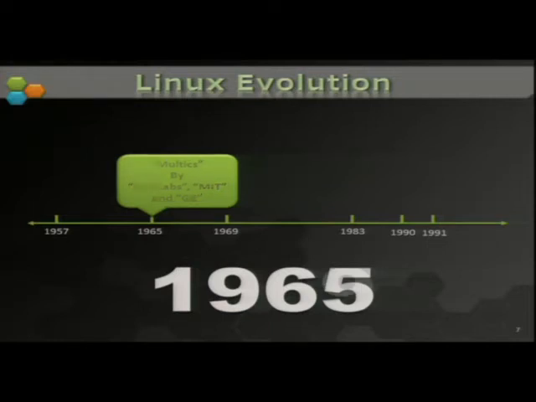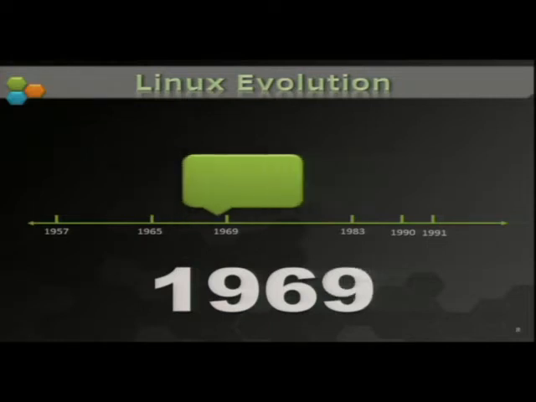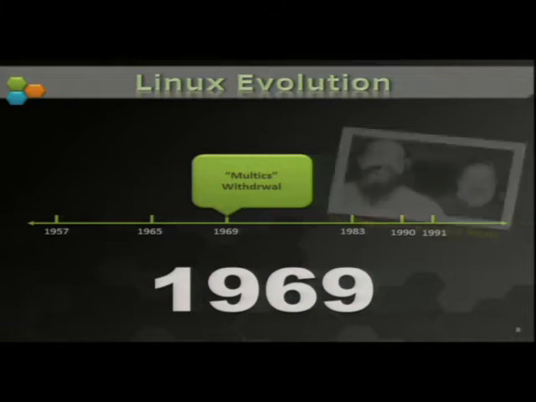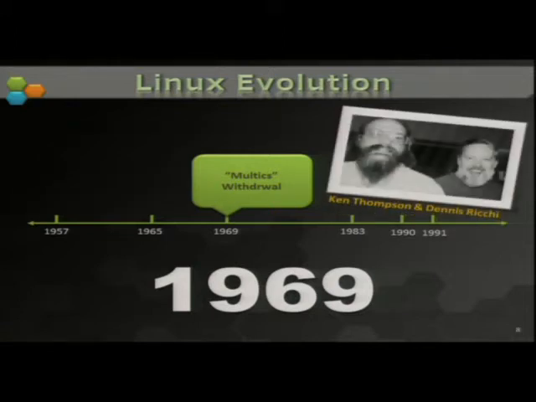And in 1969, Multics was withdrawn from the market, and many users were using this operating system. So they had to develop another operating system that would host their applications that were running before on Multics. Two guys, Ken and Dennis, came and created an operating system called Unix, the well-known Unix.